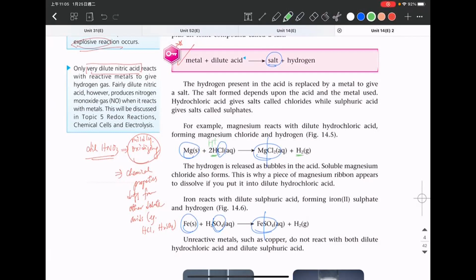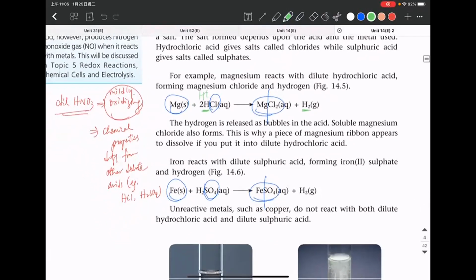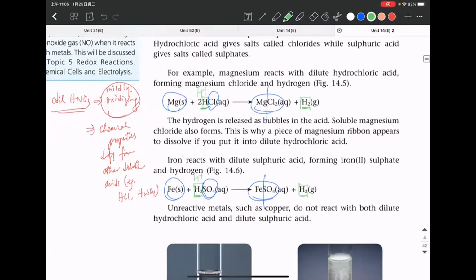Could you please label it using two different colors? The other one is hydrogen ion forming hydrogen gas. Remember, this one is still hydrogen ion, but not H2. Why is it 2? What does that 2 refer to?